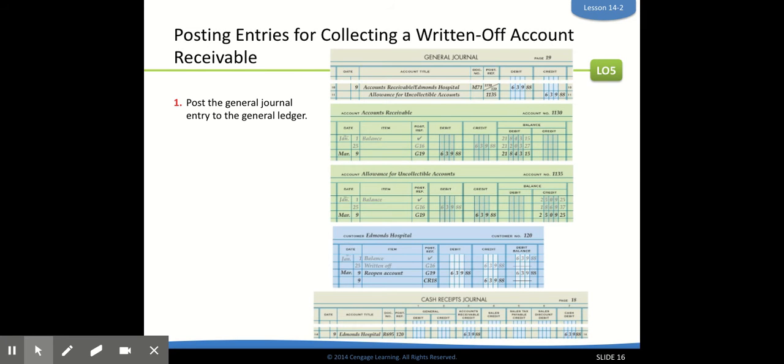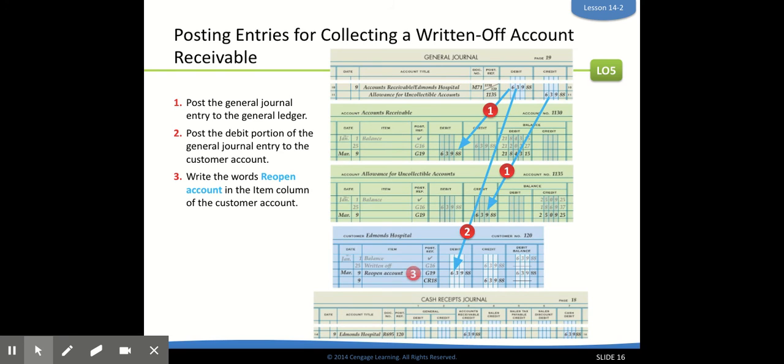When we're posting, now when we post that debit, it puts a balance back into Edmonds Hospital's account, and we write "reopen account." So it shows, yes, they do have a balance again, and we're reopening it. Then we post the cash receipts, which is the next journal entry, because we received cash.